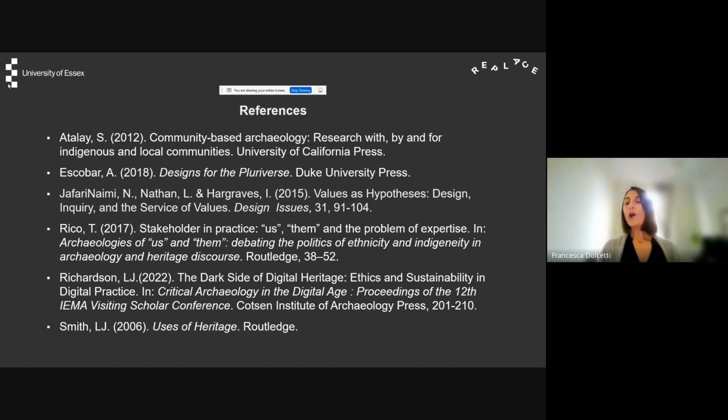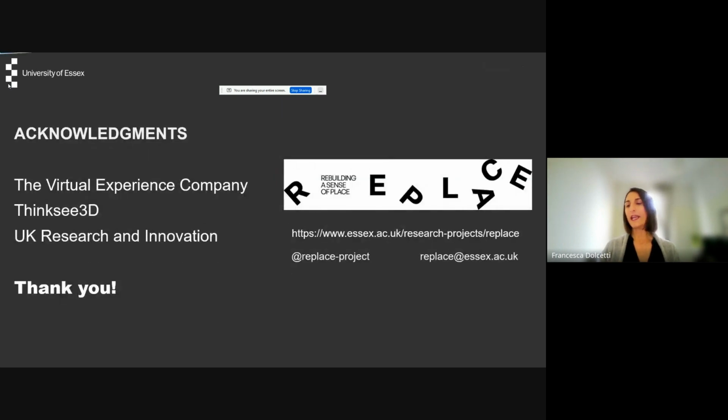So basically, we hope that moving forward and embracing these values will not only make ourselves more accountable for what we design, but also help us develop more ethically aware and socially engaged practices to create real value for the communities that we serve and in which our work is embedded.